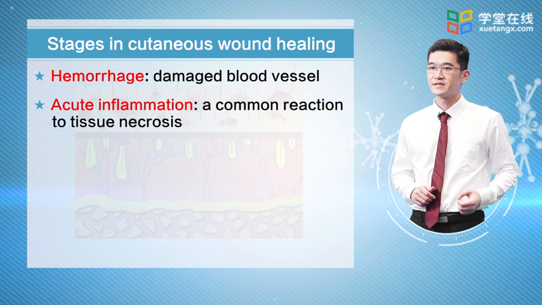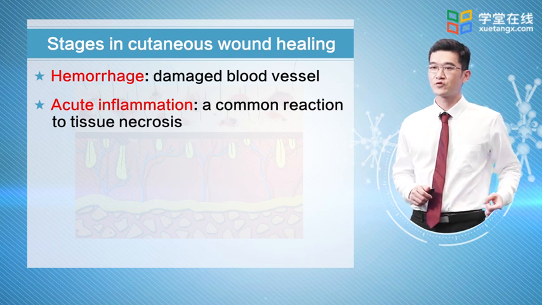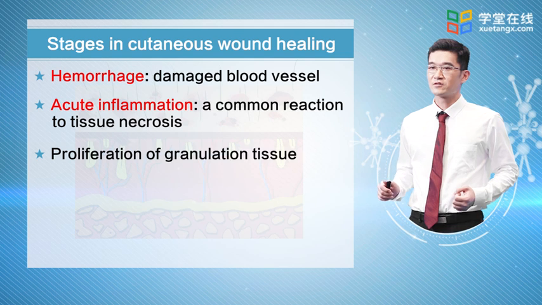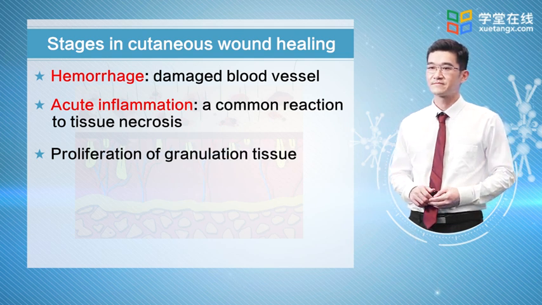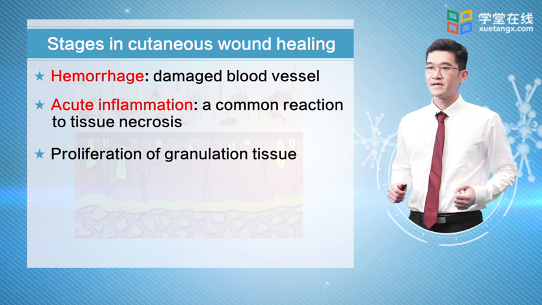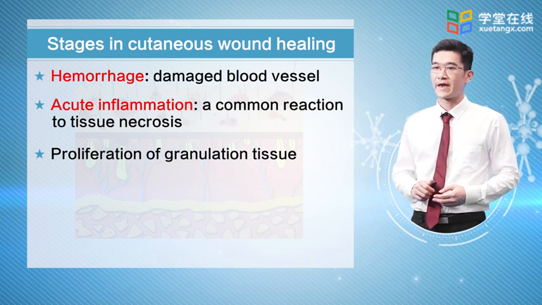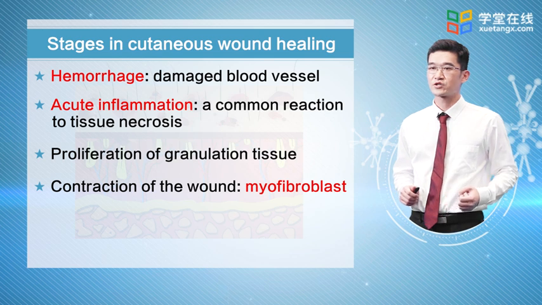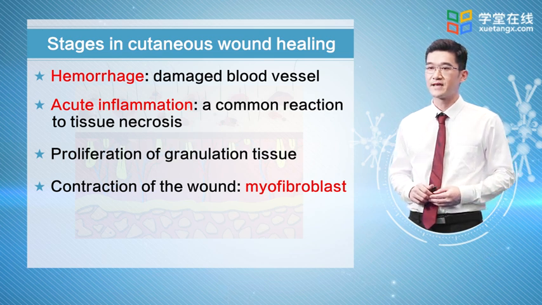By the third day, neutrophils have been largely replaced by macrophages, and then the ingrowth of granulation tissue from the periphery of the defect. Collagen fibers are now evident at the wound margins, but these are vertically oriented and do not bridge the gap. Wound contraction occurs due to the action of myofibroblasts present in the granulation tissue.